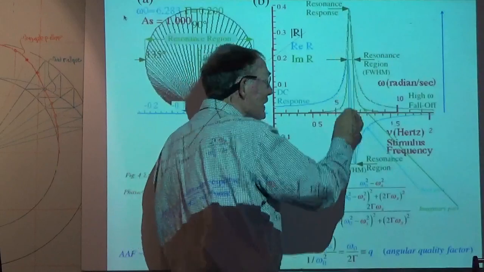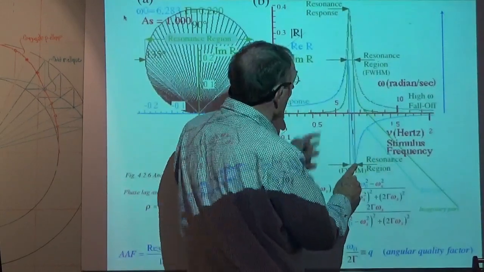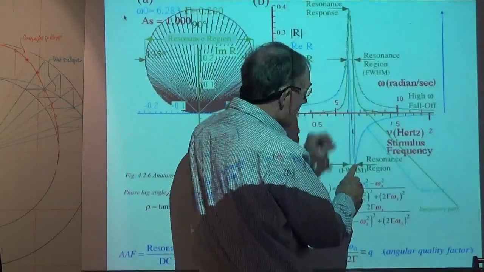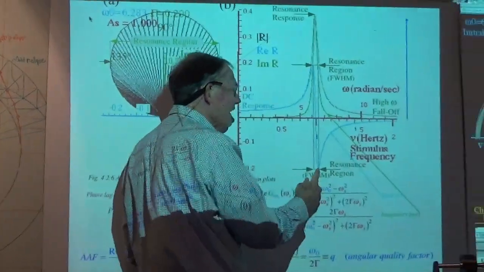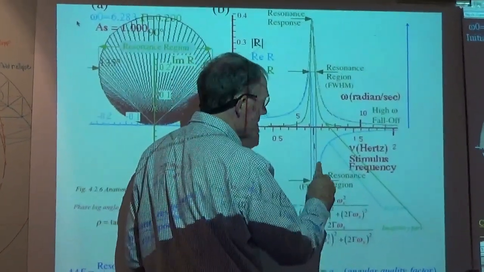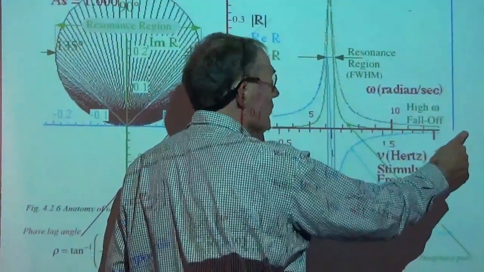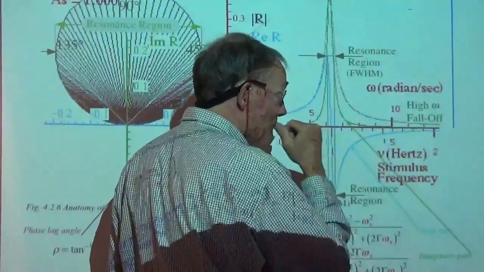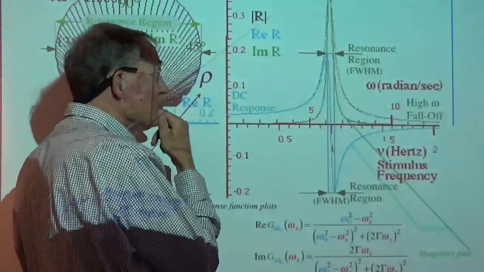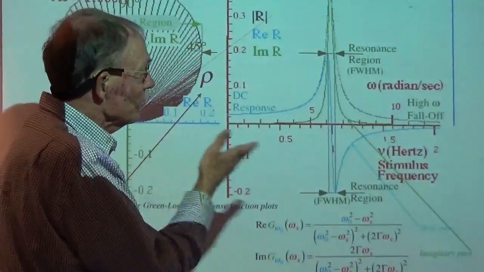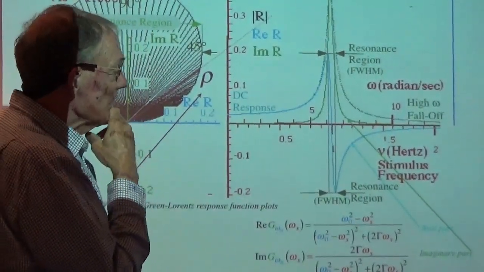But it's going so fast, it falls all the way down just as far as it got up, and then it turns around, hey, I was really scared there, but I'm coming back. So it comes back on the negative side, and then goes very quickly to zero. So that's the anatomy of the real and imaginary parts of the thing.